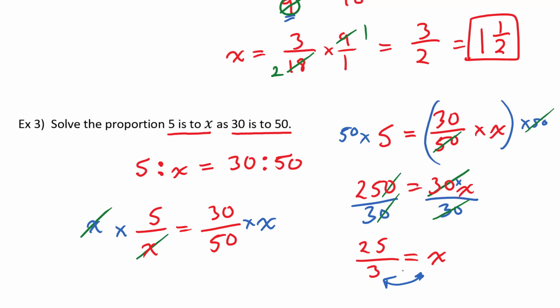We can switch these directly. It doesn't change anything. So we can say x is equal to 25 over 3, which if we converted that to a mixed number, would be 8 1/3. Final answer. So what we're doing now is taking what we've learned about fractions and ratios, and we are starting to introduce what is known as algebra. We are solving for an unknown.